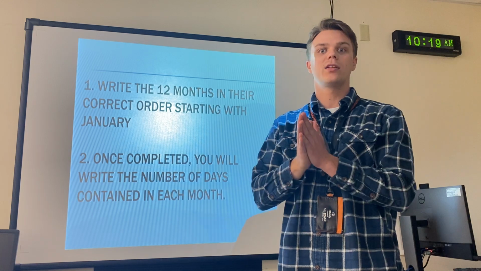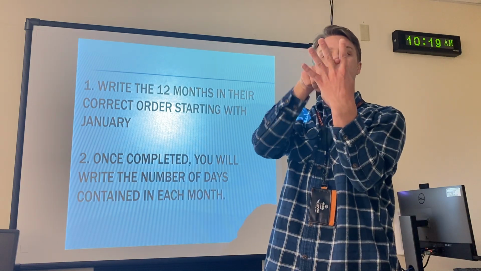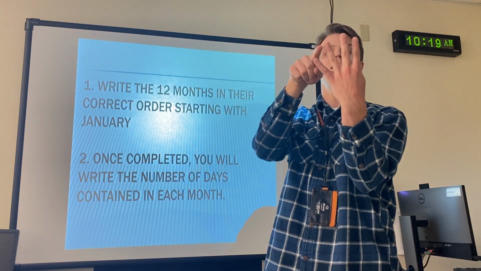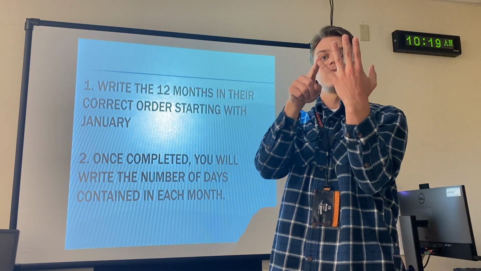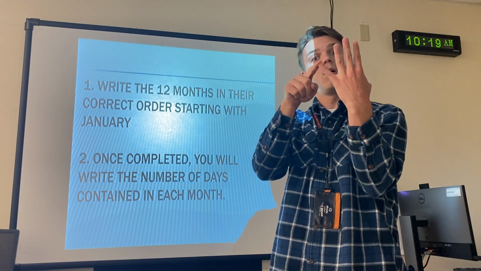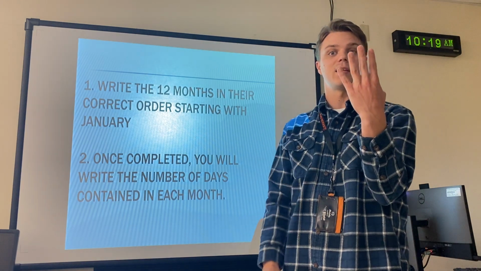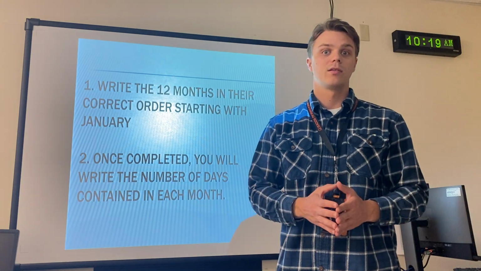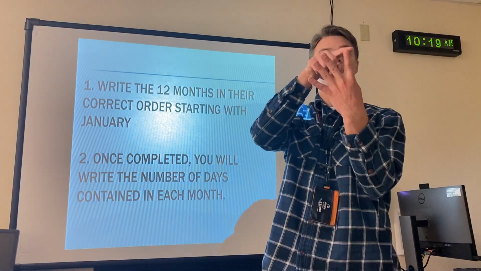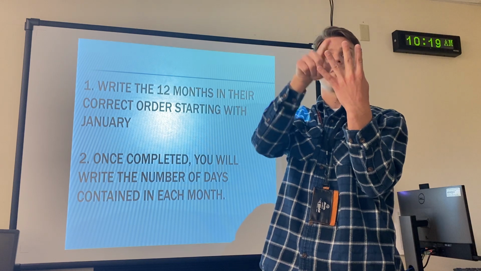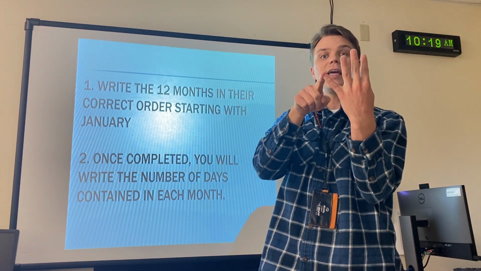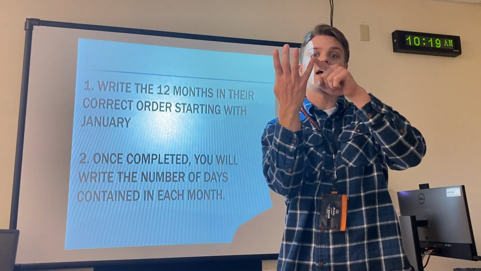So let's try July. January, February, March, April, May, June, July. July ended on my fingertips, so that's a long month. That's got 31 days in it. Here's the tricky part. Let's try August, right? January, February, March, April, May, June, July, and the next one is August. I end here.